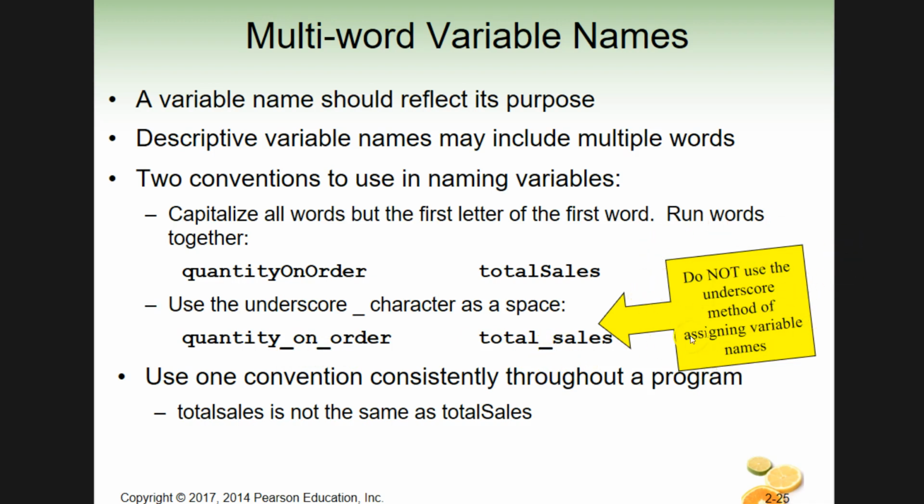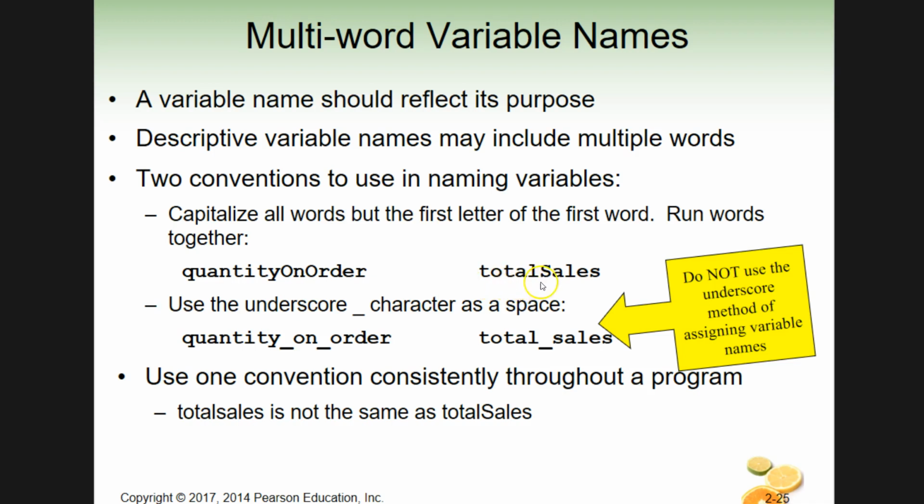I put a note on here: don't use this method. Everything you see in this particular book will use the other naming convention. Where you have descriptive words, you can't have a space in between, or a period, or a question mark, or a number sign, or any of that kind of stuff. It has to be a letter, a number, or an underscore.